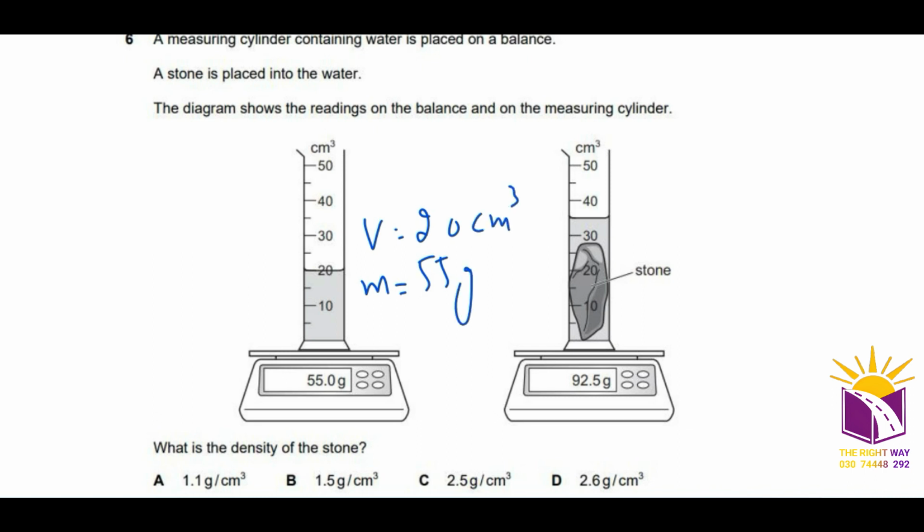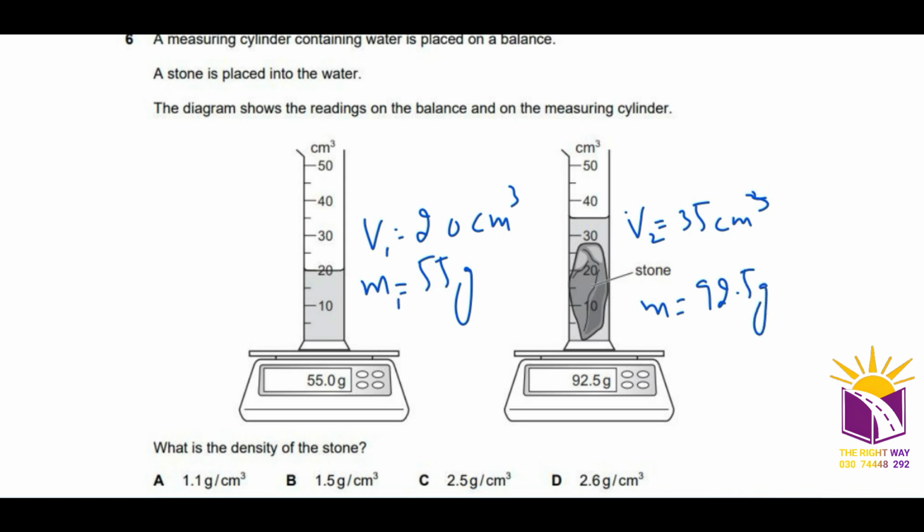Volume after the stone is V2, equal to 35 centimeter cube, and mass M2 is equal to 92.5 gram.